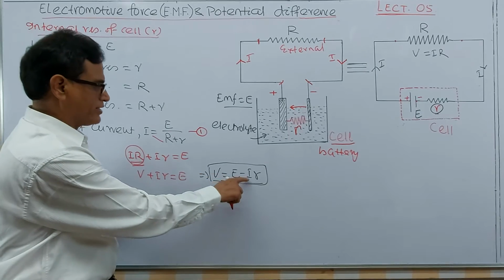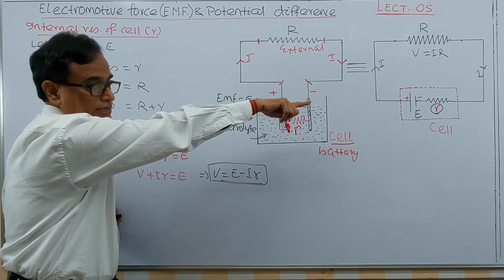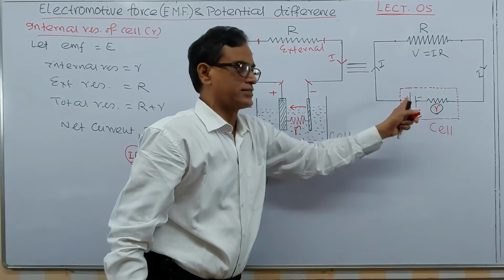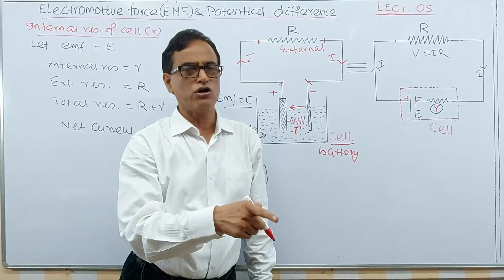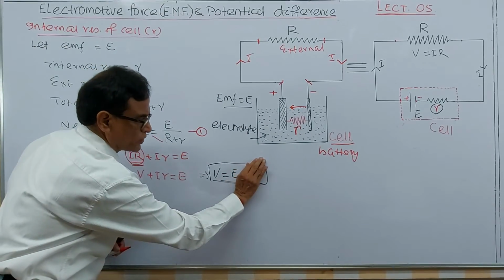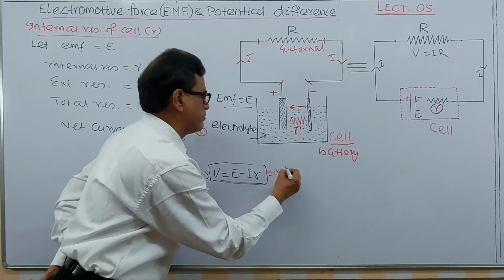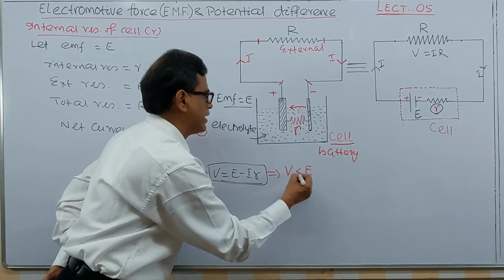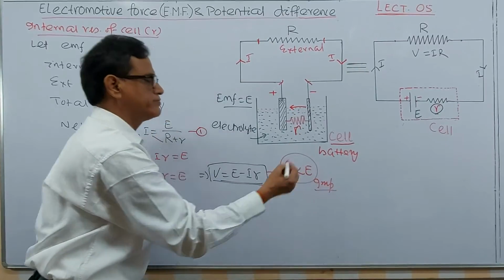And I is the current in the circuit, r is the internal resistance of the cell. If internal resistance is considered 0, it can be negligible, then this term can be removed, then V is equal to E in this case. Now that's why this implies that, remember, V is less than E.